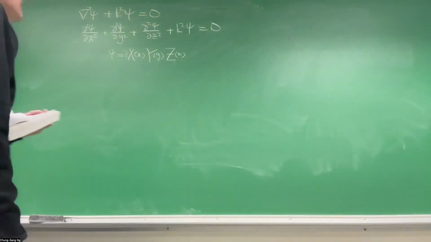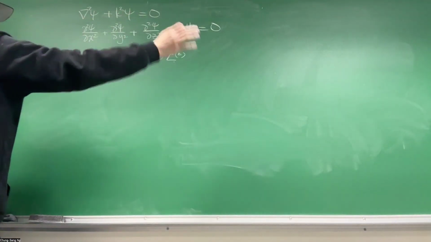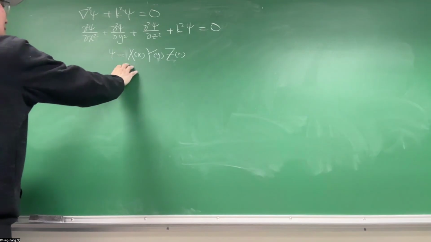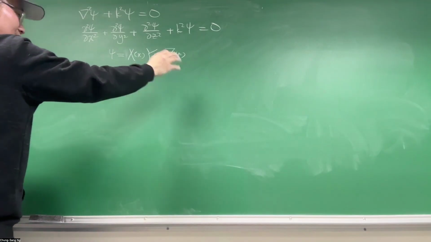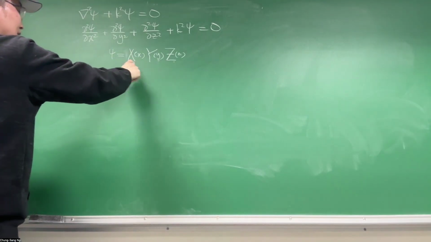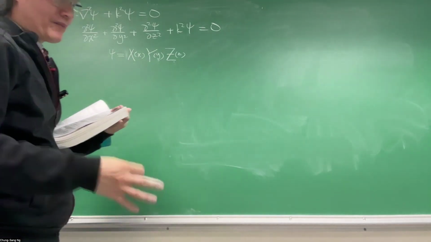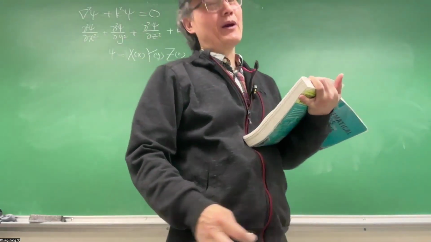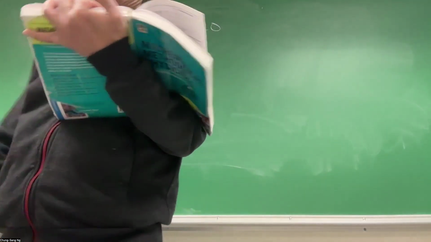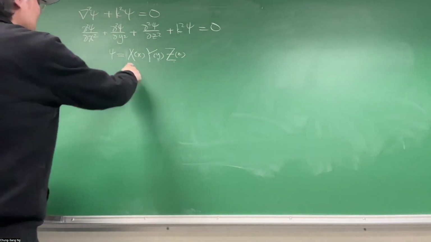It means that we can find all solutions in separable form, but not separable in just a single term. You just sum over, sometimes, infinitely many of these separable solutions.